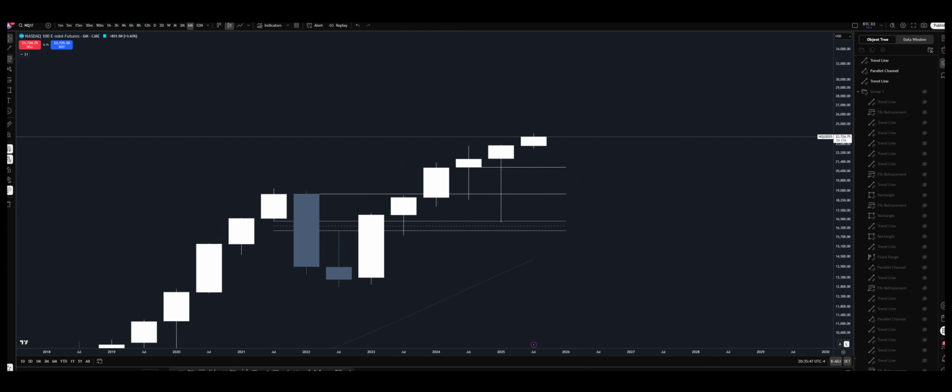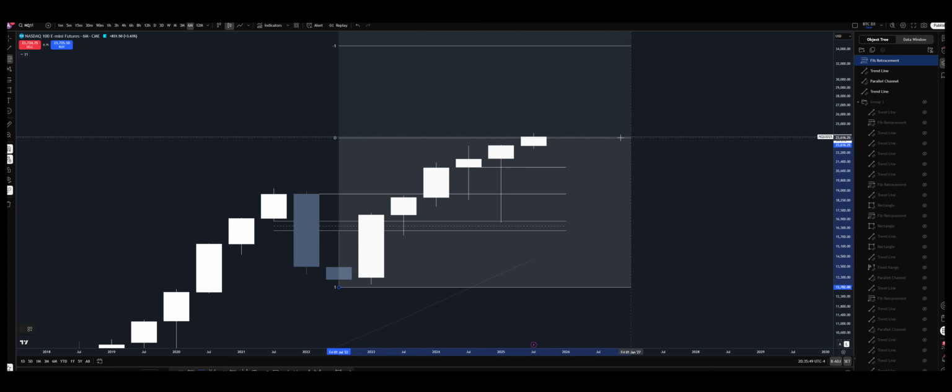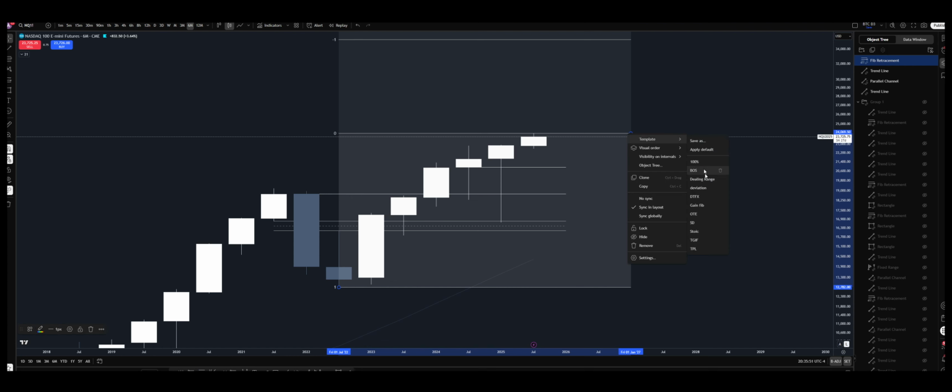And this was also going into an OTE of this swing. We grab that at the same time.